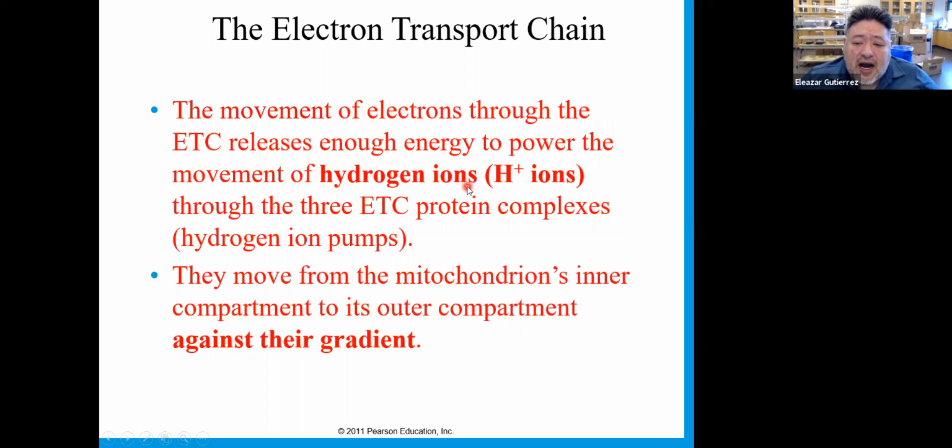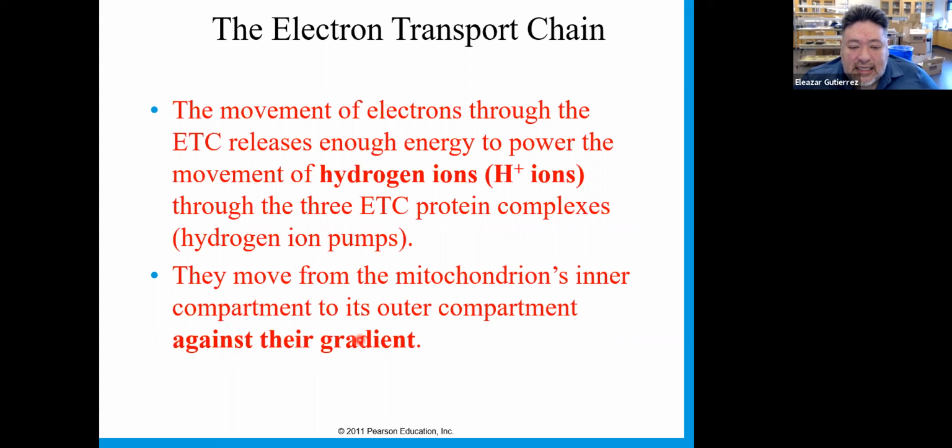The movement of hydrogen ions, H+ ions, through the 3 electron transport chain protein complexes, which are also known as hydrogen ion pumps, and they move from the mitochondria's inner compartment to its outermost compartment, which is also called the intermembrane compartment. Why? Because it's between the two membranes. And what is the most important point of this whole thing? The fact that it happens against their gradient.